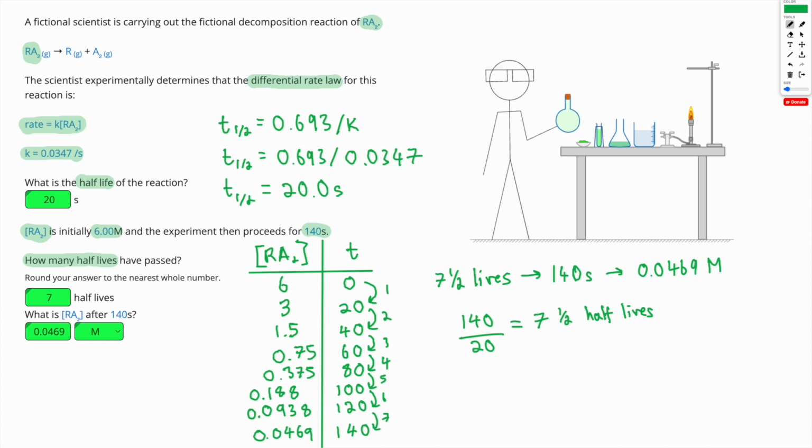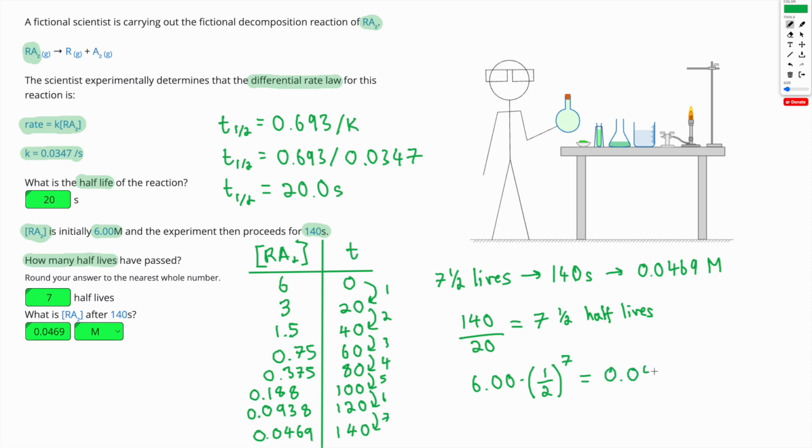Then to find the final concentration, instead of doing the table method, which works just fine, what we can do is take our initial concentration, which is 6 molar, and we can multiply it by half, and then we multiply it by half again and again and again 7 times, which is the same as multiplying by half to the power of 7. So that's the number of half-lives there.